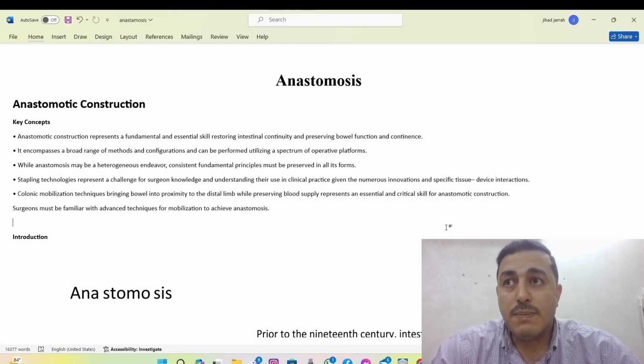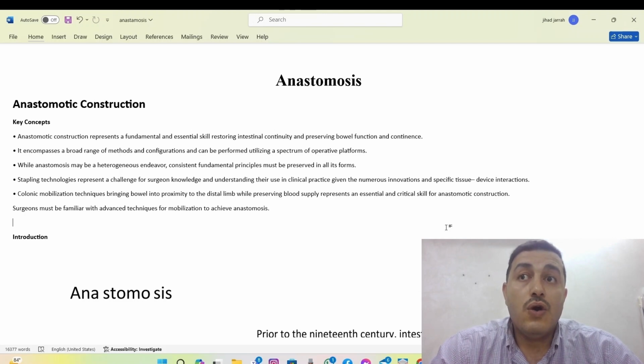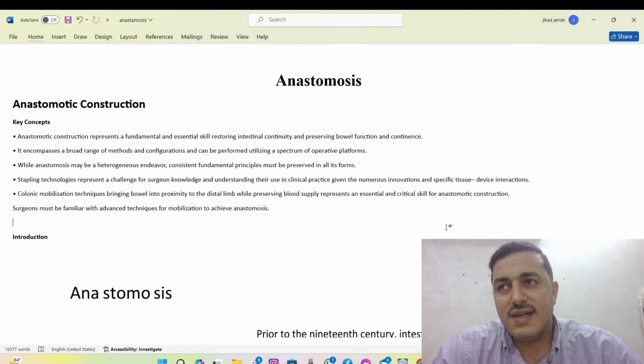We are going to talk about the physiology of the healing of the anastomosis, and we will notice the differences of wound healing in the GI tract when we compare it to other sites. We are going to learn some special, unique techniques of mobilization of the bowel. And why is that?